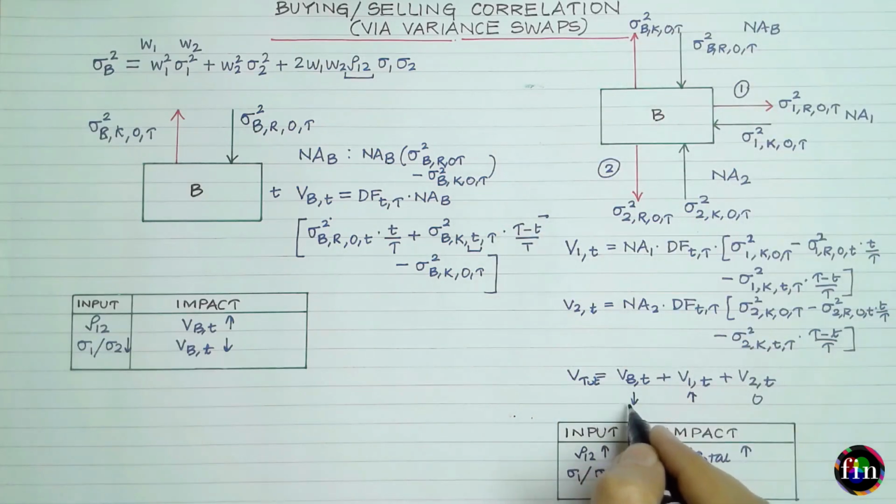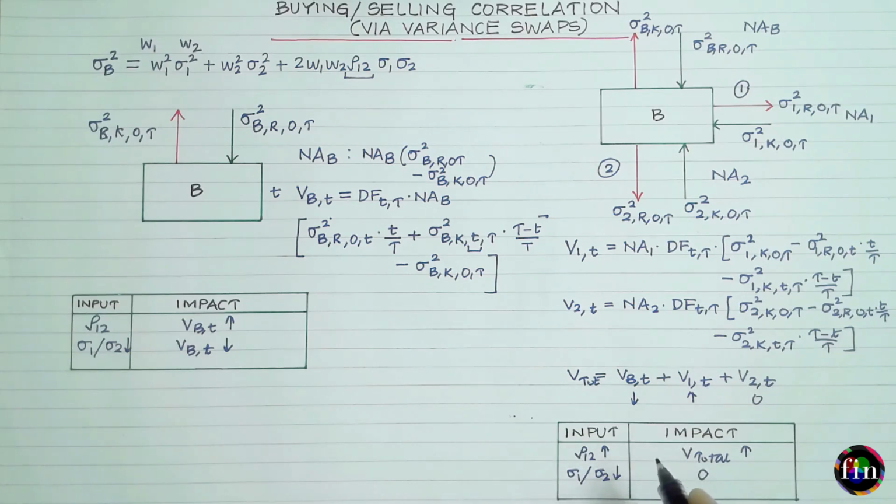Therefore, this guy and this guy will completely offset one another, and because of sigma 1 decreasing and/or sigma 2 decreasing, we will not have any impact, ideally speaking. And therefore what I now have is a bunch of trades which, as I wanted, give me a positive long exposure to the correlation rho 1 2.